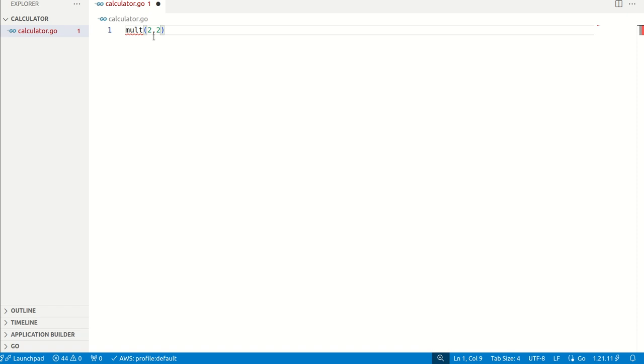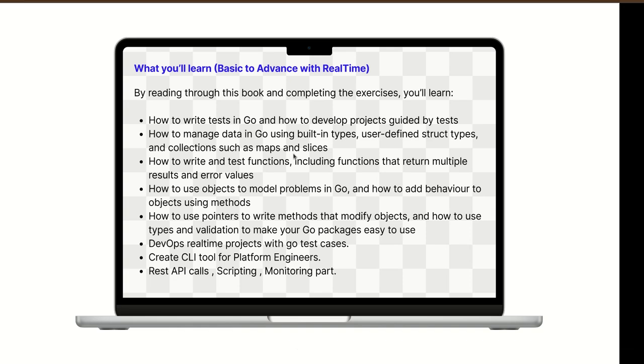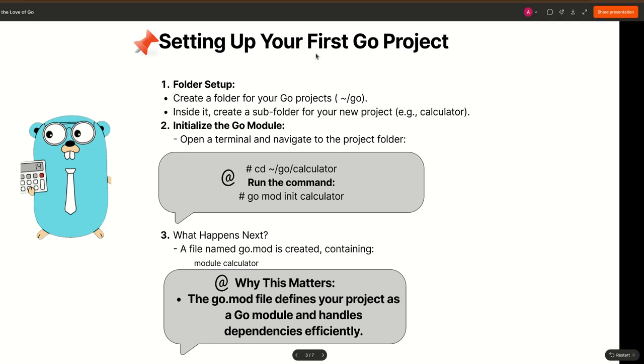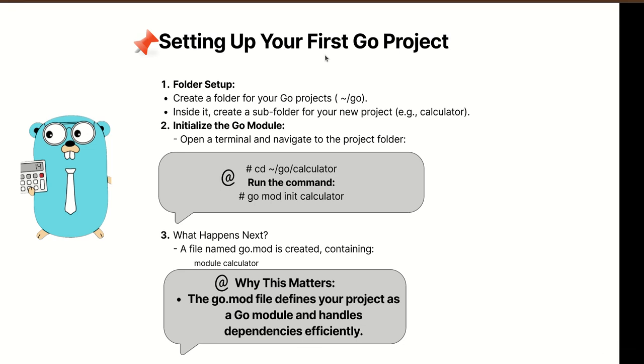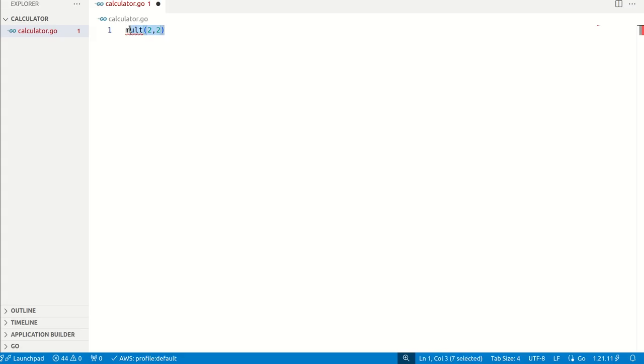Today is our day one. What we will try to learn is to write some functions, and we will create our first project in Golang. To set up your first Go project, open your favorite code editor and create a project folder. In my case I have created calculator.